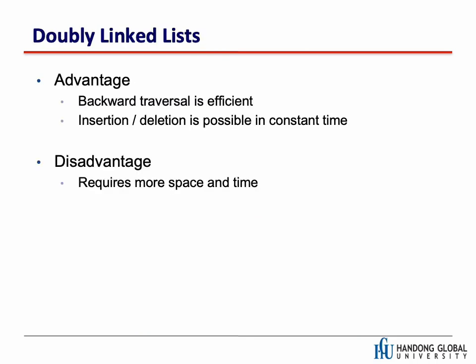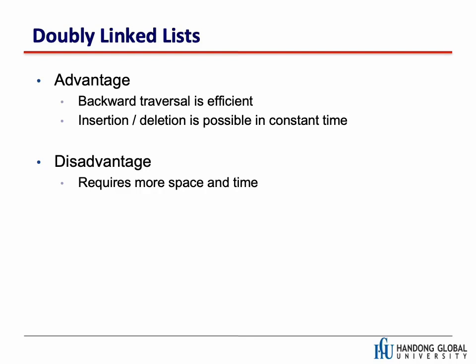So what are the pros and cons of doubly linked list? Basically, backward traversal is efficient. Obviously, that is one advantage. Second, insertion and deletion are possible in constant time, as in the singly linked list. So even with the doubly linked list, insertion and deletion are still possible in constant time.